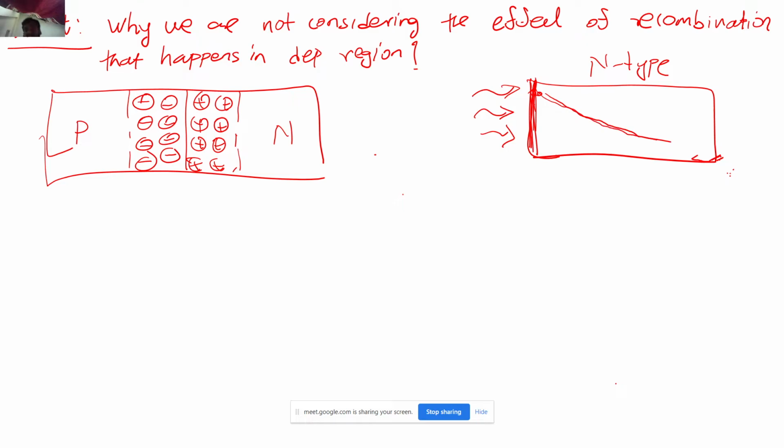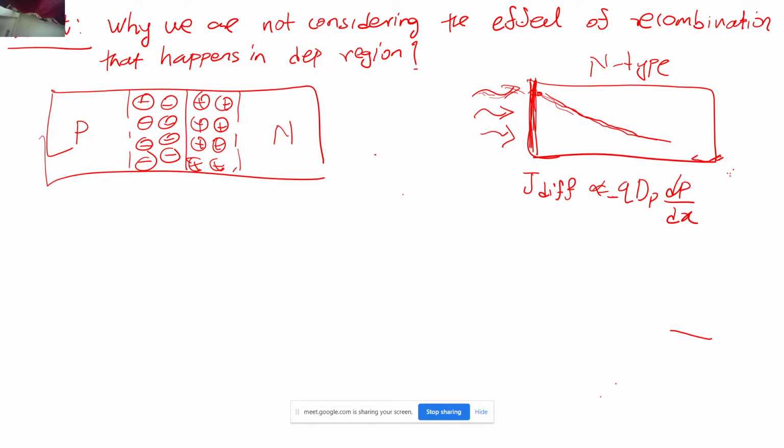How do you determine the current? J diff will be minus q D dp by dx, with a negative sign. These minority carriers will be diffusing, because their concentration changes by a huge factor, right?